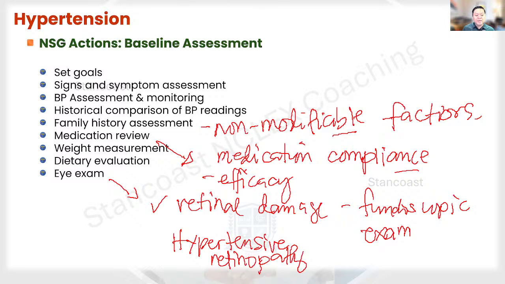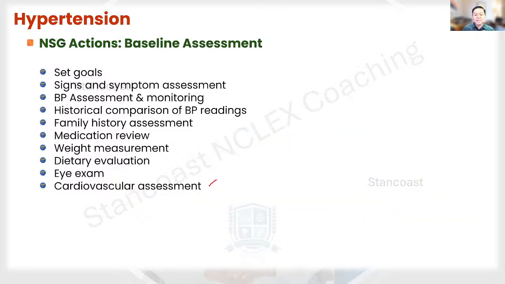Now, we're also going to have to do that extensive cardiovascular assessment. So what is included in this assessment? We're going to have to check for any signs of what? Like the JVD, the jugular venous distension. Let me erase that. My V doesn't appear good. JVD, which is going to be associated with right-sided heart failure.